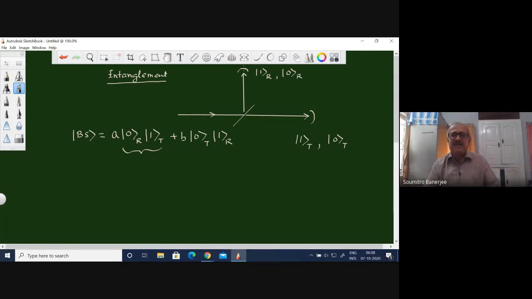Let's consider another situation. Suppose in the universe somewhere there is a uranium nucleus, and that disintegrates by emitting an alpha particle.